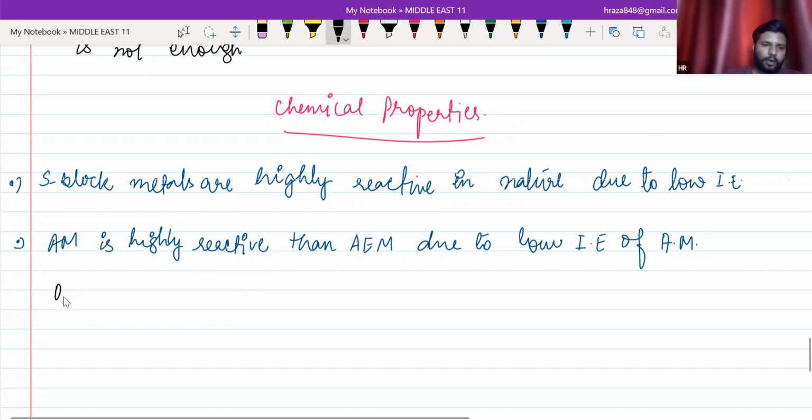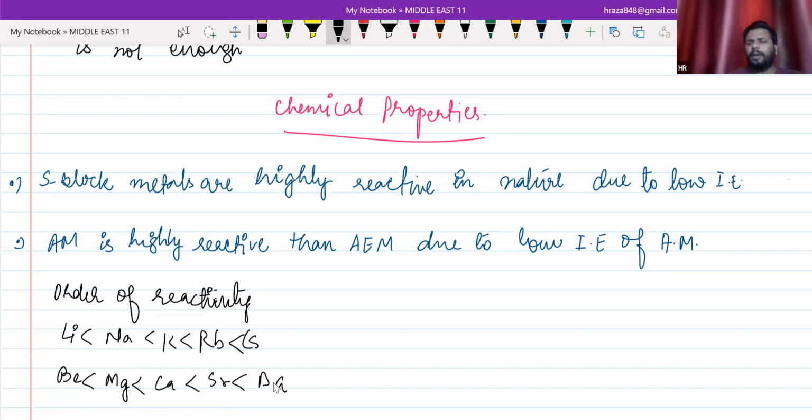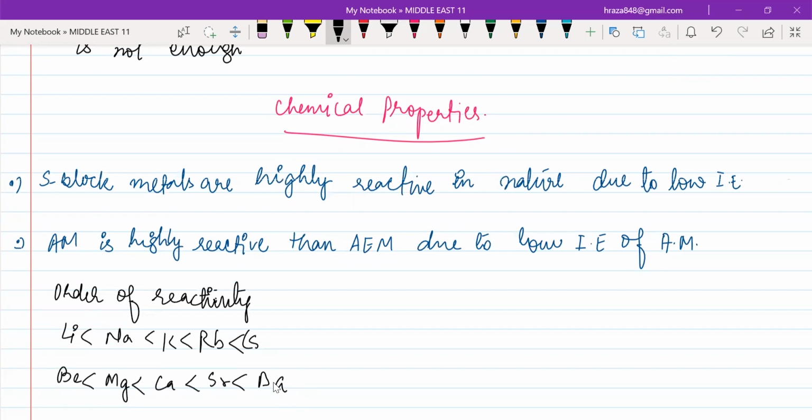Again, if you are going for order of reactivity, in the first group: lithium, followed by sodium, potassium, and then rubidium, and then cesium. And what about the second group? Beryllium, then magnesium is more reactive than calcium, then strontium, and then barium. When we compare between first and second group, first group will be more reactive than second group. Is that clear? Yes, sir. Please write it and let me know if you're finished with this.